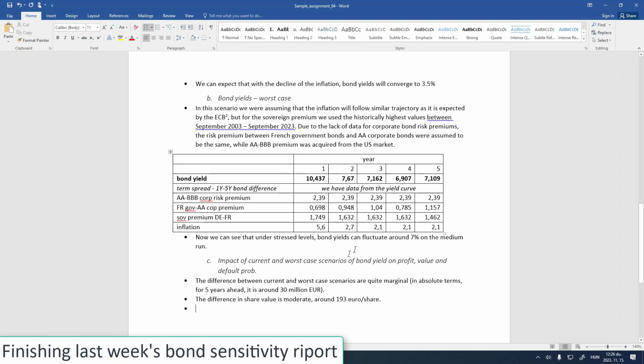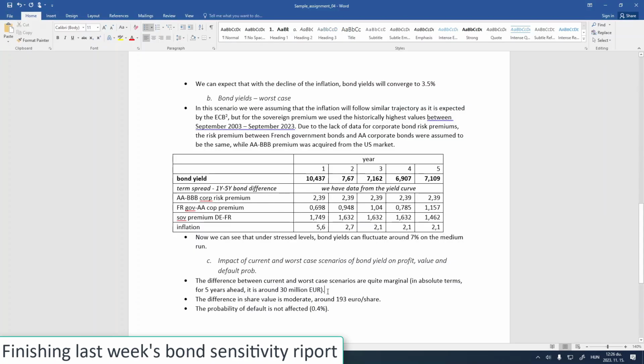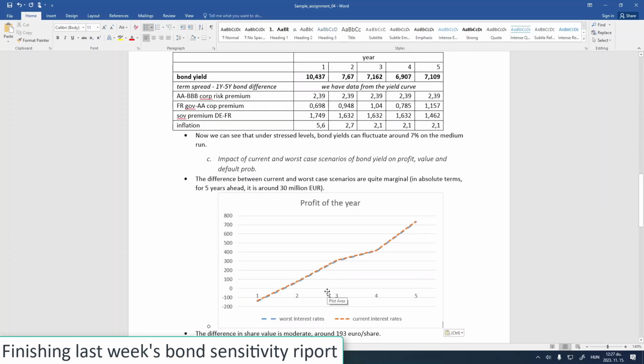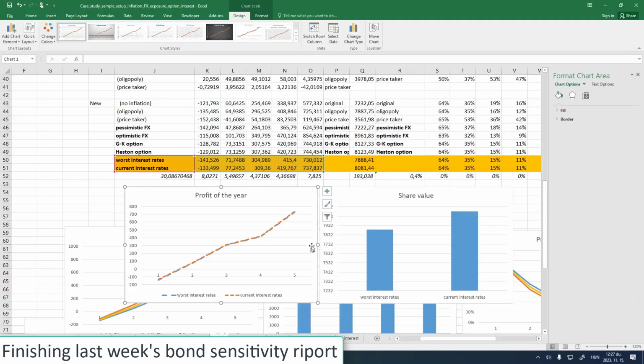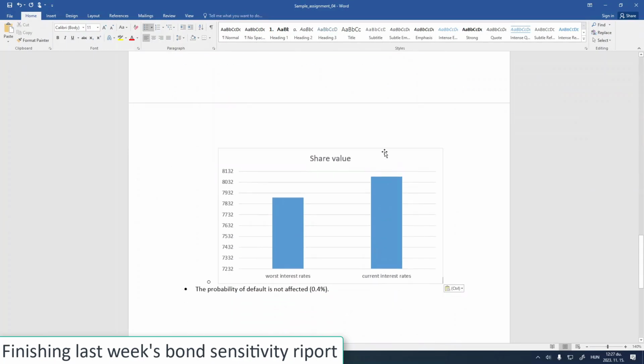And also the probability of default is affected by 0.4%, so we can say that yes, it's not affected. So now let's just copy these beauties here. Profit of the year, yeah, parallel lines. Share value, yay, bigger.